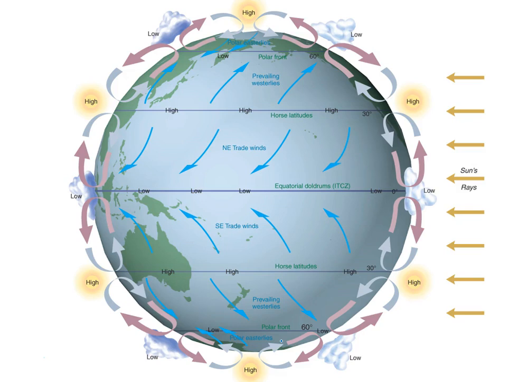So this is a much prettier map of the circulation patterns. So again, here you've got air rising, spreading out, and then sinking at 30 degrees north latitude, creating this circulation cell here. It rises, it spreads out, sinks at 30 degrees south.